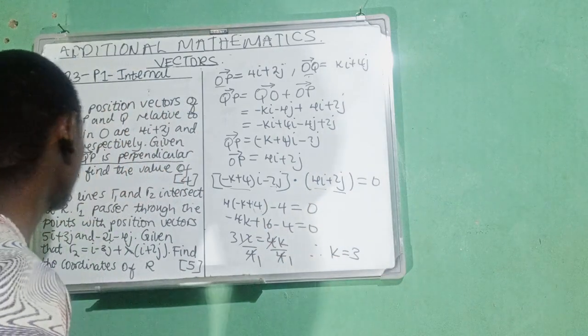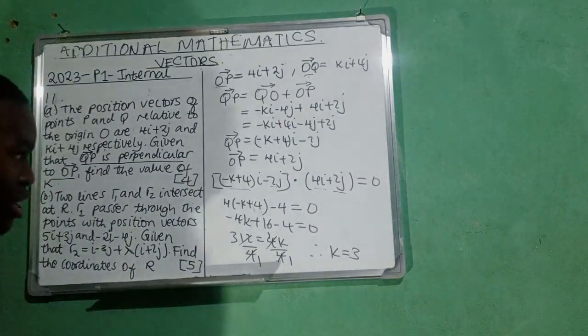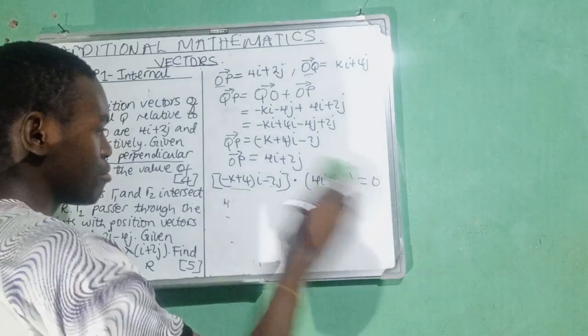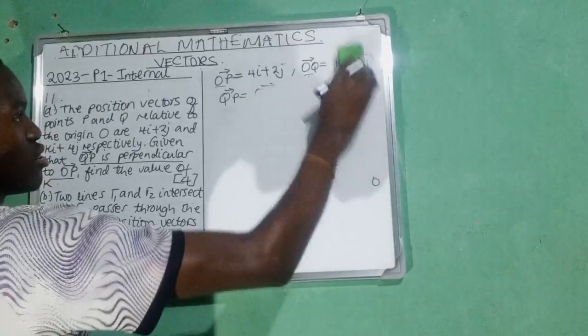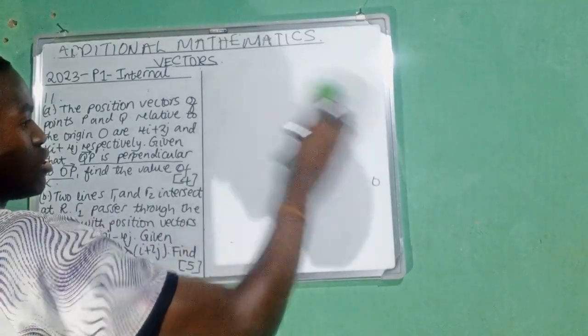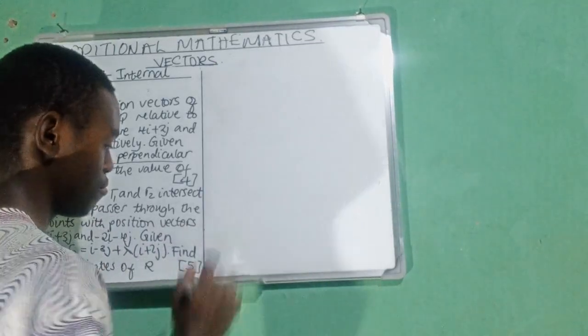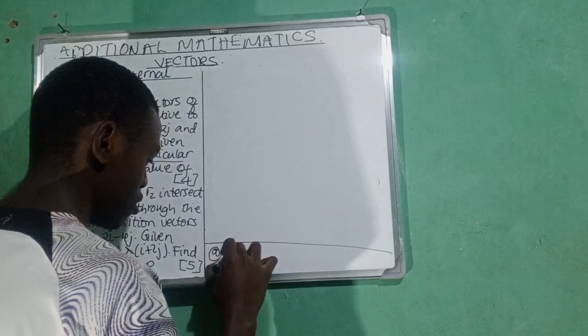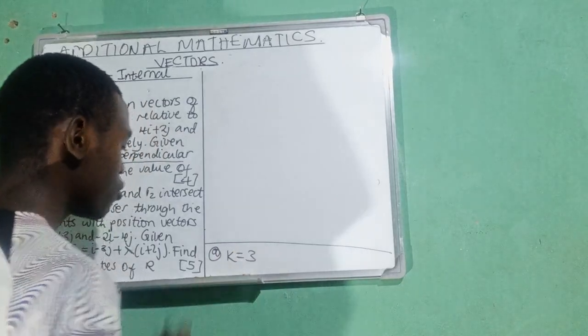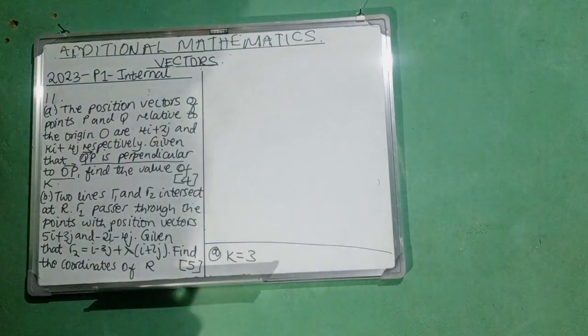So that's your answer for A: k is equal to 3. Then we go to B.